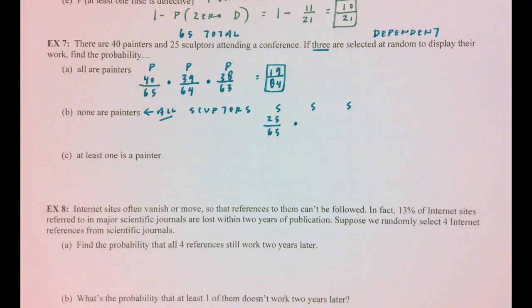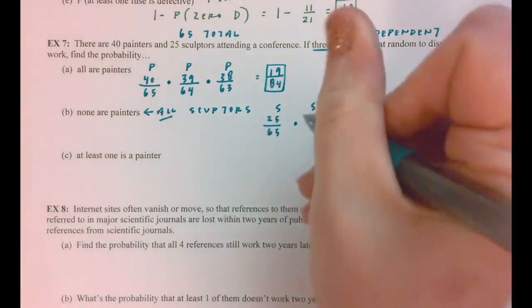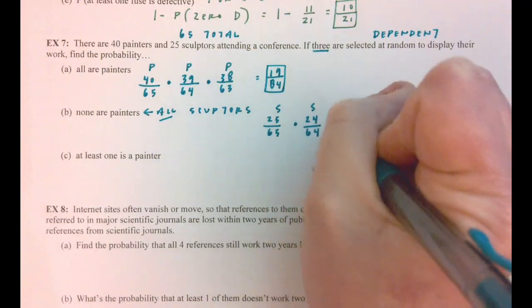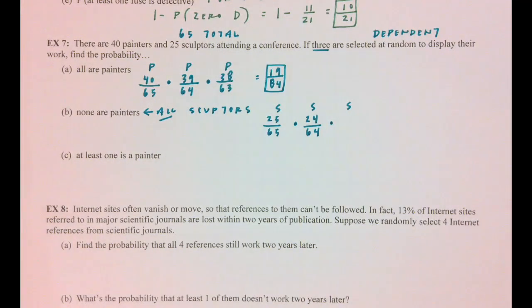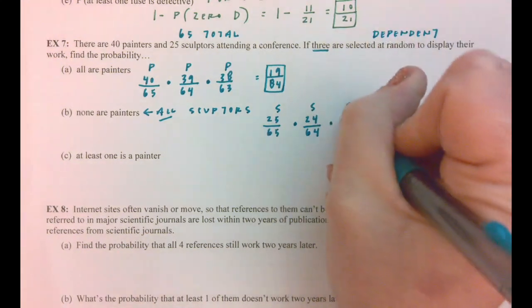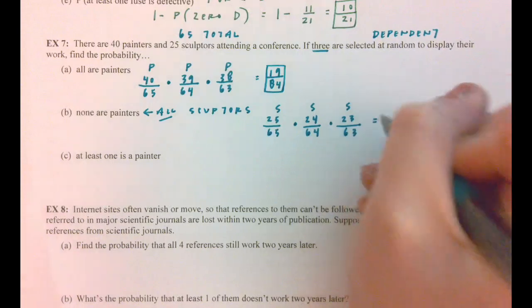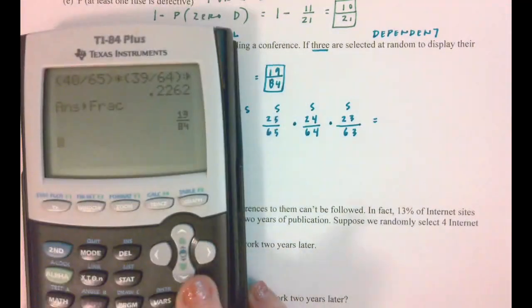Next pick, also a sculptor. I'm not picking the same one, so one less sculptor, one less participant. So 24 out of 64. Last sculptor, I have one less sculptor, one less participant. I have to multiply that out.